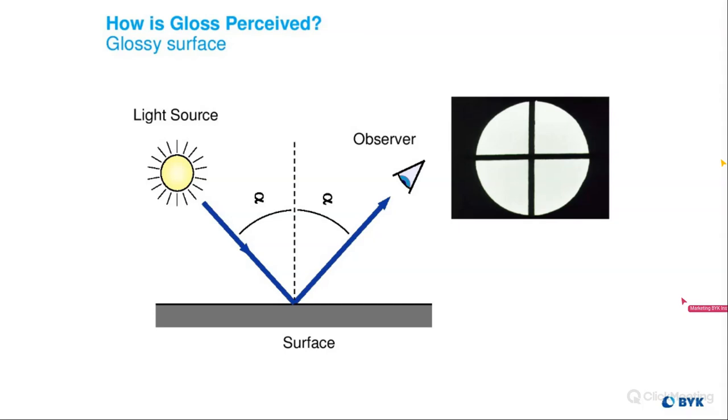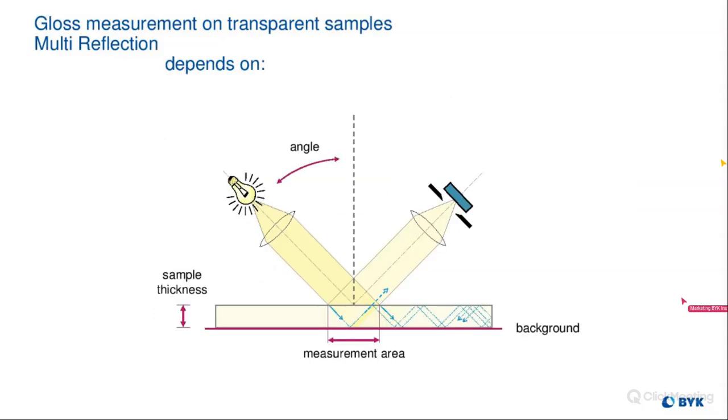Yes. Okay. So your transparency, if you had a transparent sample, let me bring this up again. Transparency affects it in that you're going to have light that now not only reflects off the surface, but you also have some light that's getting absorbed into the material, and some light being reflected off the background.